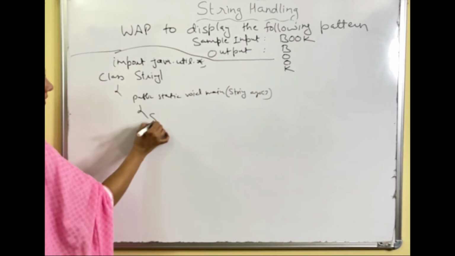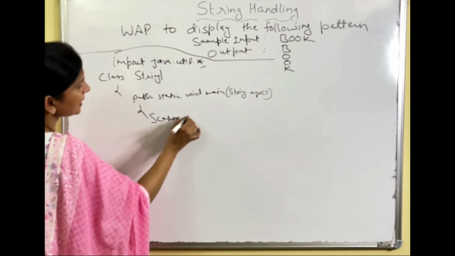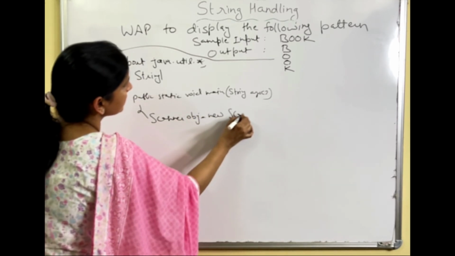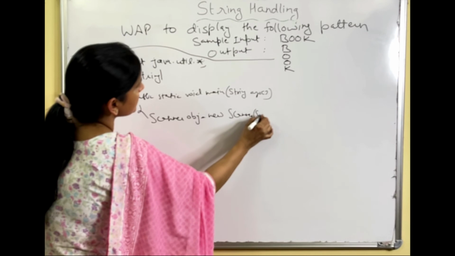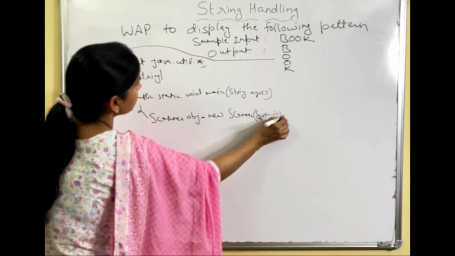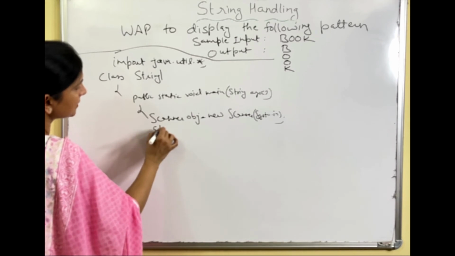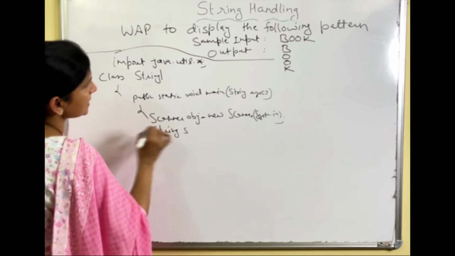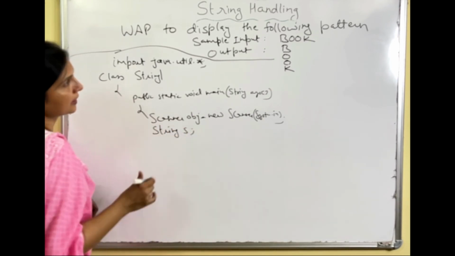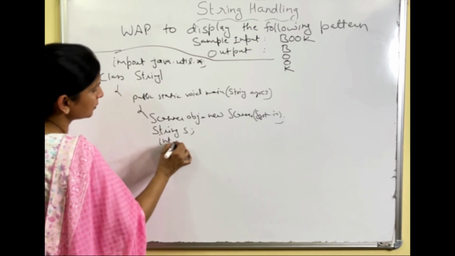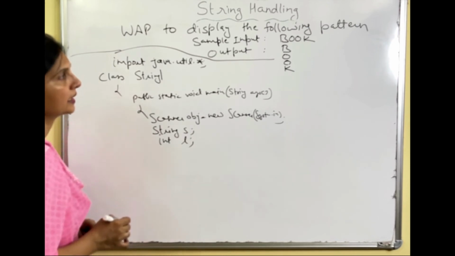Then we will create the object of the Scanner class, Scanner obj equals new Scanner(System.in). Then we will declare a variable String s. And we need to find out its length also, so I am taking one more variable, int l.